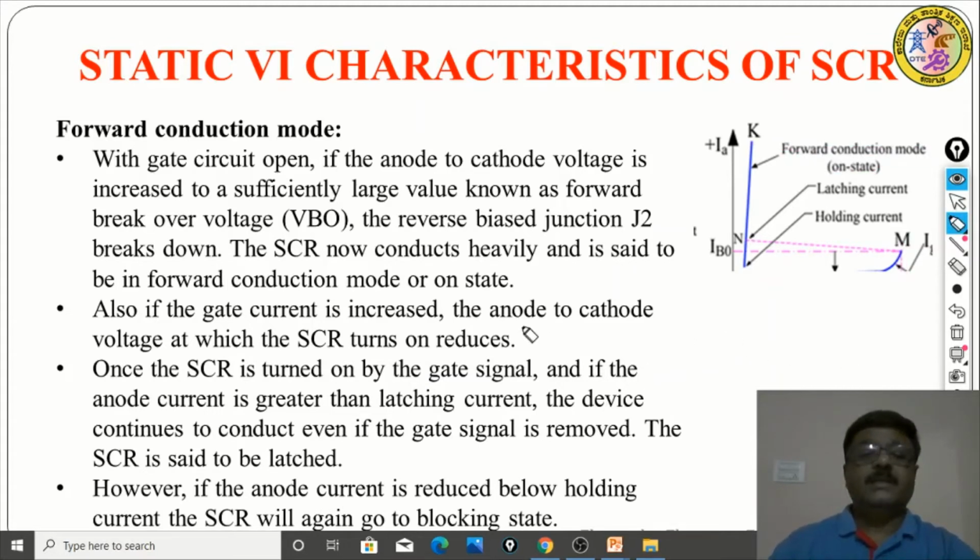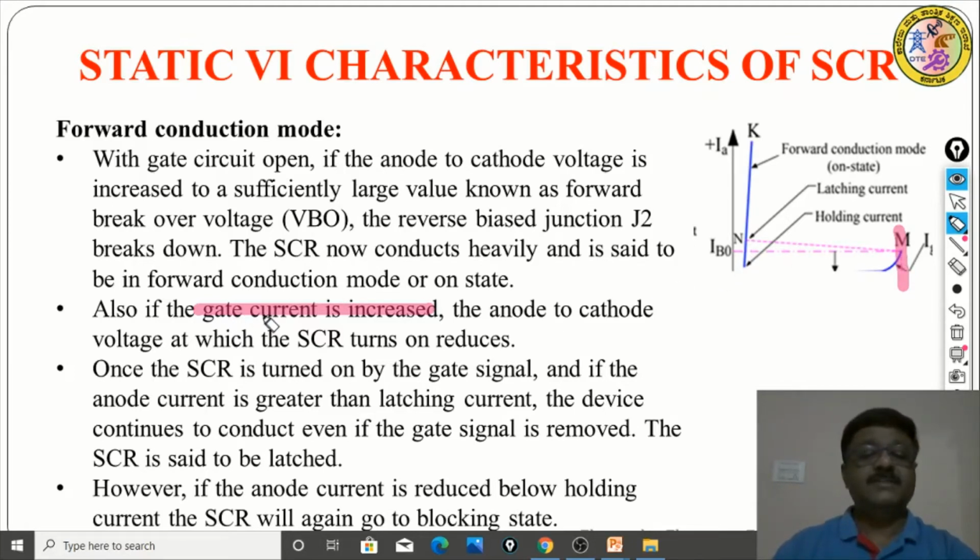Now, we can reduce the forward voltage needed to turn on the SCR by increasing the gate current. Suppose you increase the gate current of the SCR, then the anode to cathode voltage at which the SCR turns on reduces. So when gate current is 0, this is the voltage at which the SCR turns from off state to on state.